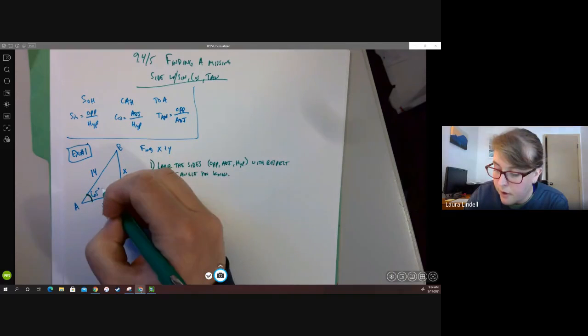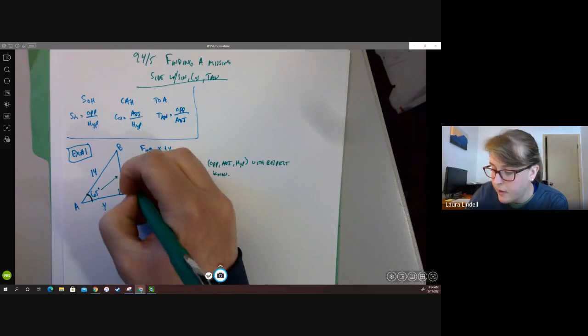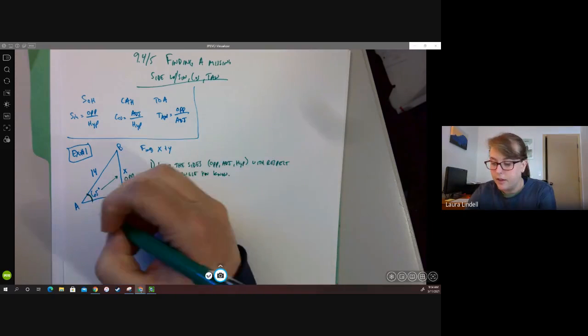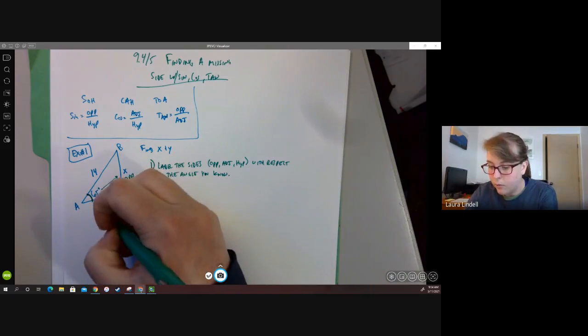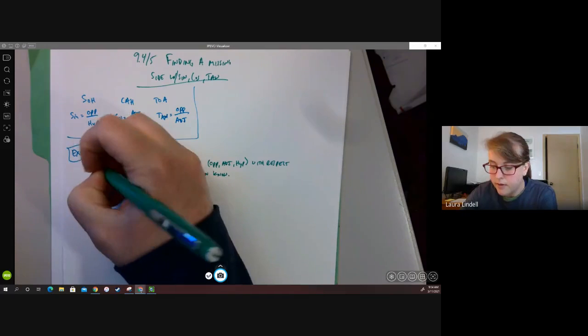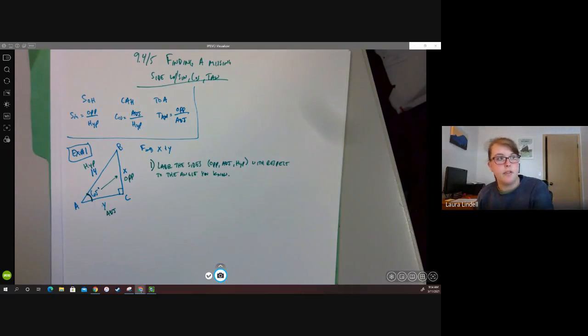The opposite side would be the one labeled X. The adjacent side would be the one labeled Y. And the hypotenuse is the other side length that we know. Let everyone finish writing.